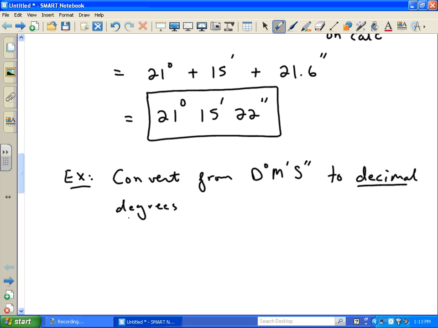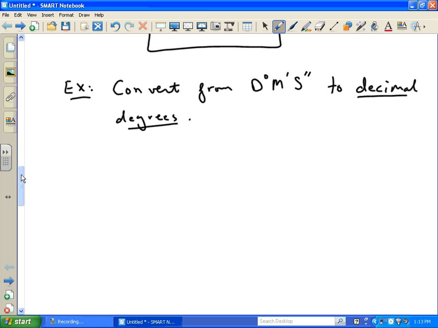Decimal degrees means the only symbol you're going to have in your problem are going to be degrees. The minute symbols and the second symbols need to go away. So on here, let's say that we have 45 degrees, we have 10 minutes and 15 seconds.